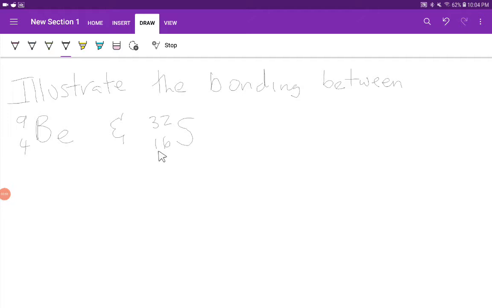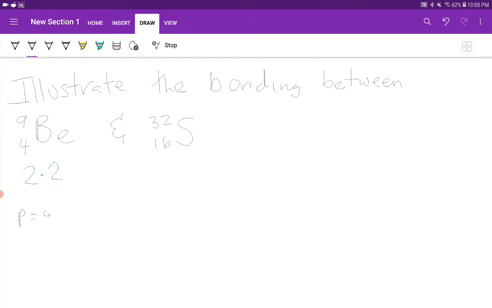Okay, so let's look at how we would illustrate the bonding between beryllium and sulfur. First thing we're going to need to do is figure out the EC for beryllium. Beryllium has an EC of 2. Next, we need to work out the number of subatomic particles in beryllium.